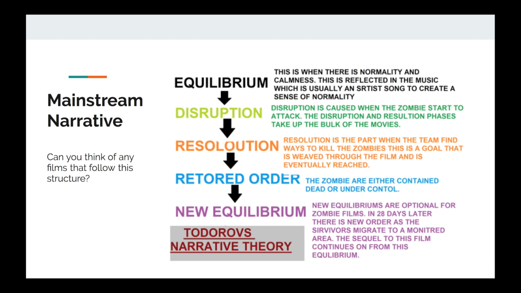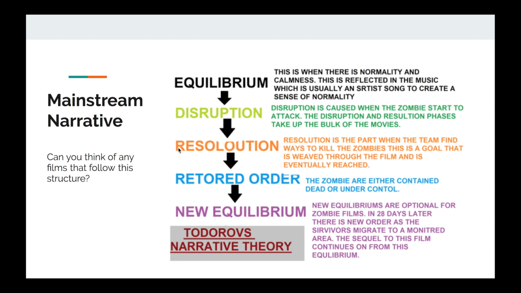So there's always that type of disruption, and there's lots of different types of disruptions in accordance to genre. There are lots of different vehicles for meaning, if you like, but essentially, lots of films, if they're following a mainstream narrative, are the same.